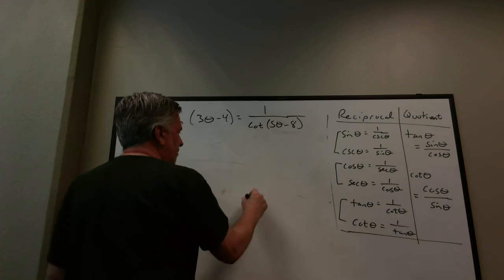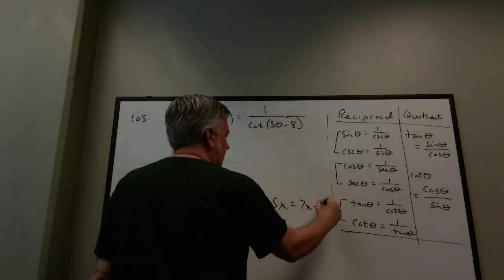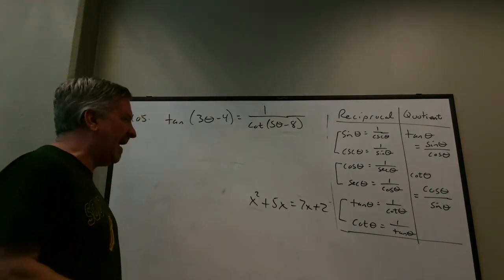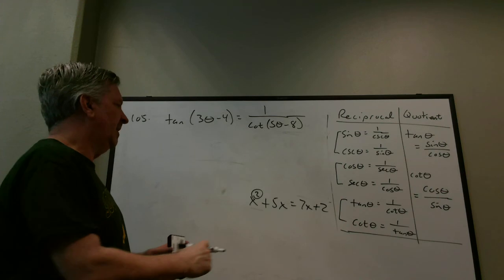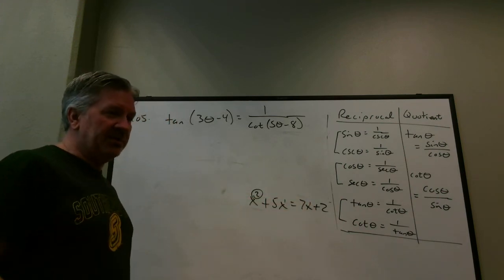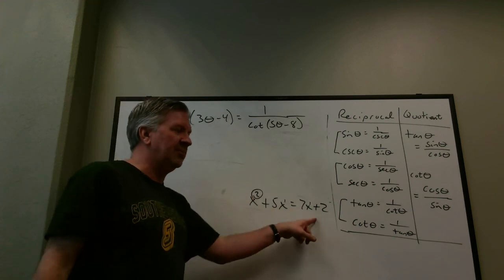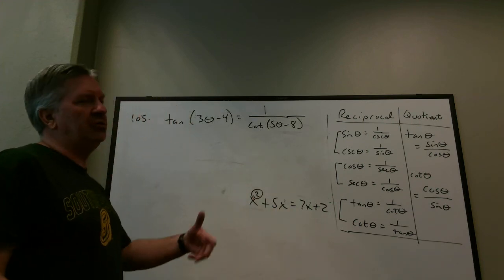And then later you did things like x squared plus 5x equals 7x plus 2. Well, this was a quadratic equation because the highest power of x was the integer 2, and the other ones just had integer form. So that's a quadratic equation. And what methods did you learn? Put everything on one side and set equal to 0. You could try to factor, you could use the quadratic formula, you could do completing the square.